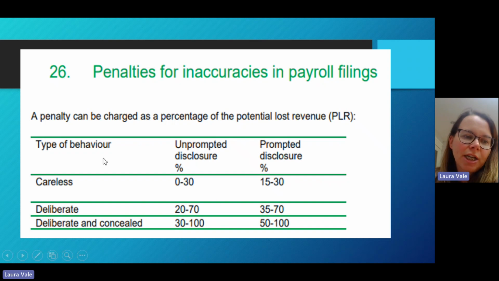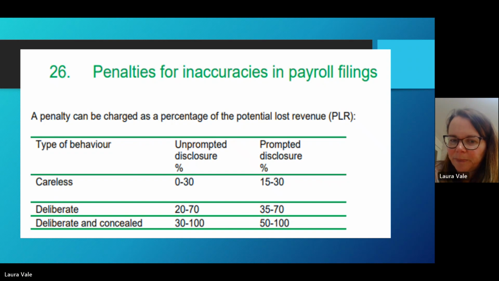And they distinguish between careless, deliberate and concealed. So careless means it was a genuine mistake. Deliberate means you knew about it. Deliberate and concealed means you knew about it and you tried to cover it up.